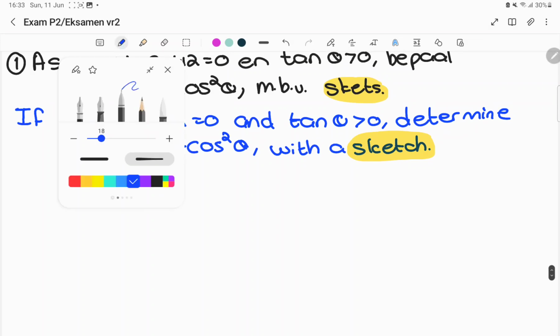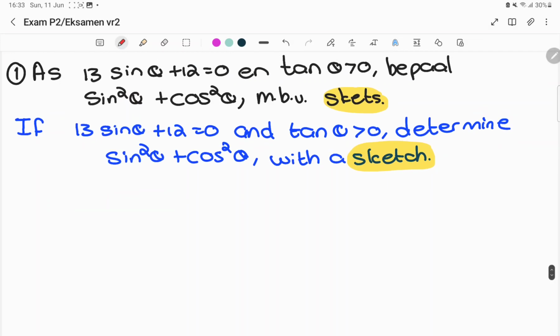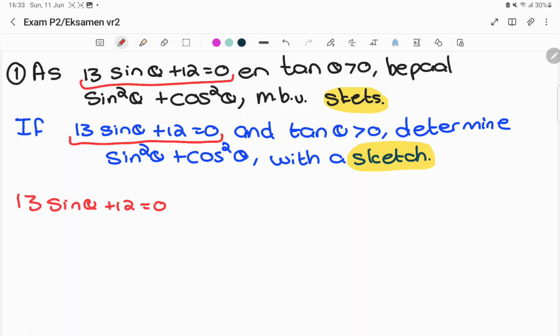So the first thing you do is you take your first part of the sentence. So they say, if 13 sine theta plus 12 is equal to 0. That is my first part of my sentence. Alright, so I'm going to rewrite it. So 13 sine theta plus 12 equal to 0. Now, I want to have a fraction because I need a ratio. So to do that, I have to take everything over that is not my sine theta.